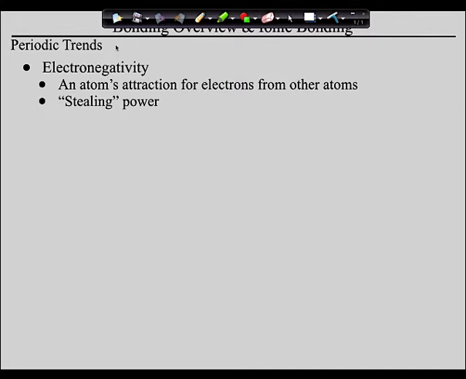Now, you ready for a tough question? You now understand that as we go down this group, they get bigger and therefore weaker. Does that make them more or less reactive? It doesn't depend. Now let's do this.